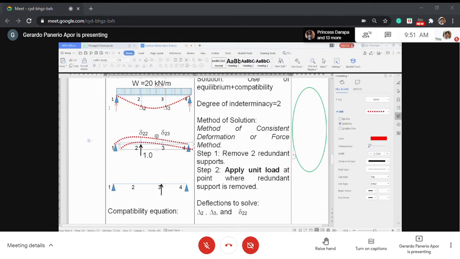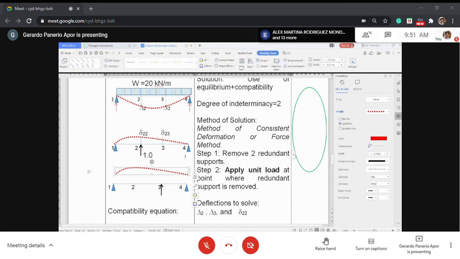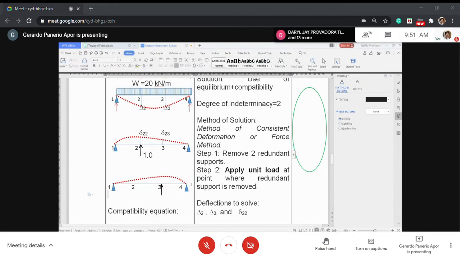Paste. I will flip it horizontally. That's it. Okay, so when I apply the load, the shape is no longer symmetrical, it is biased to the right. Okay?